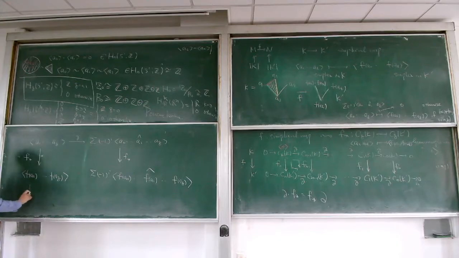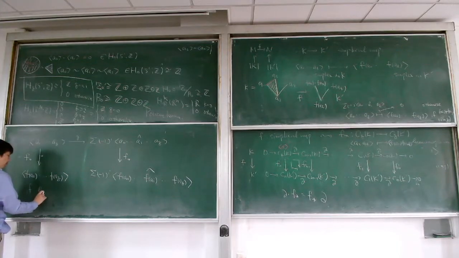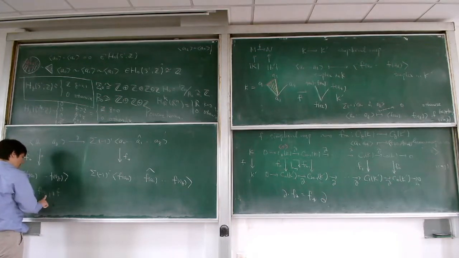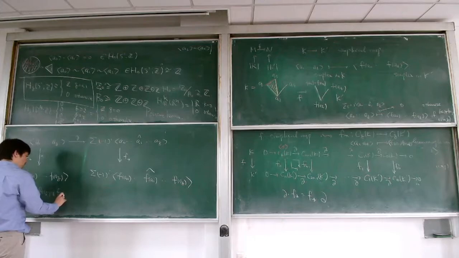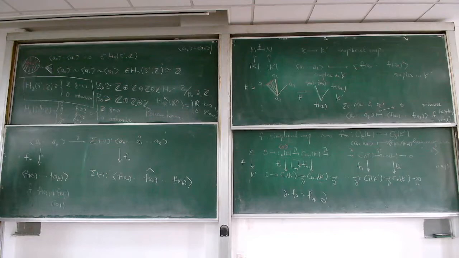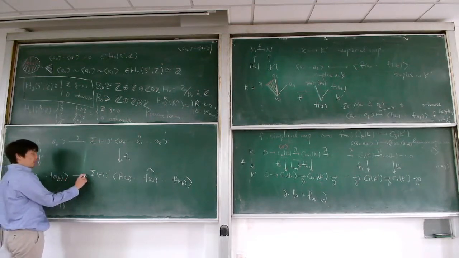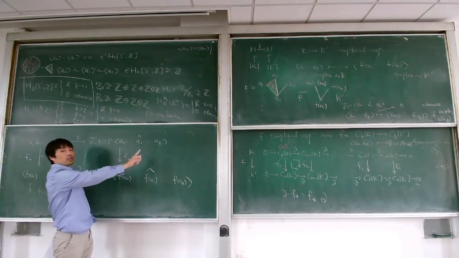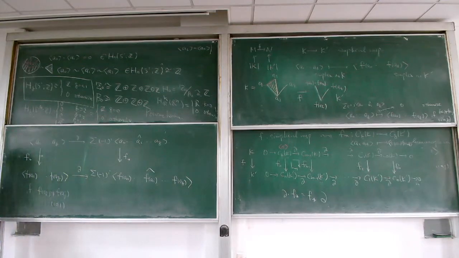So if FAI is not equal to FAJ for any distinct I and J, then it's clearly the boundary map will bring you to this one. That's what we already learned. Given Q plus 1 distinct points, take a boundary, you just omit one of the vertices and then take the alternating sum.